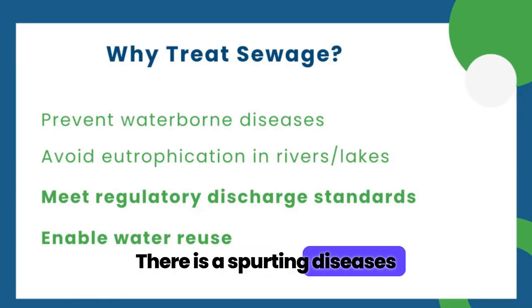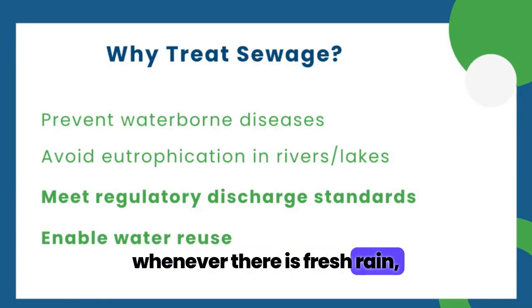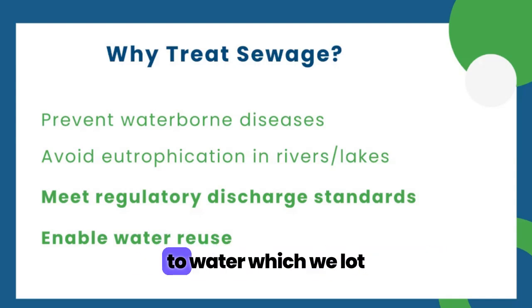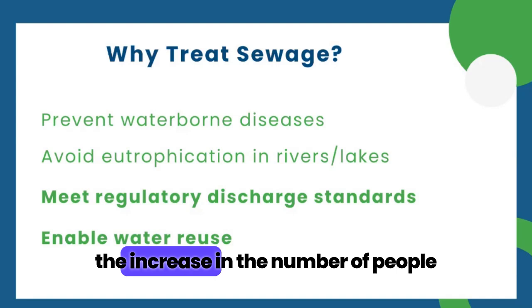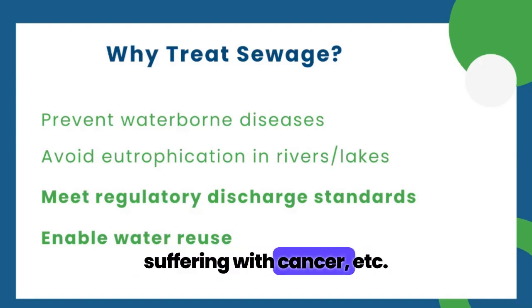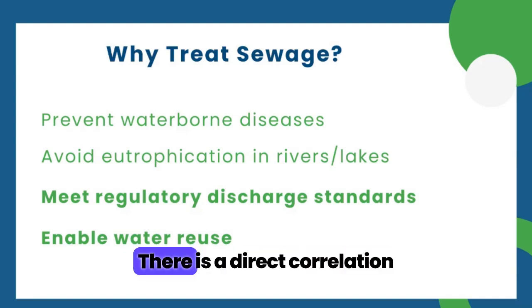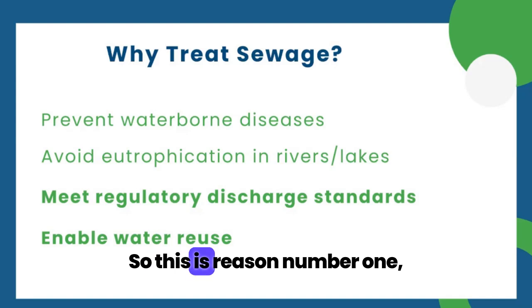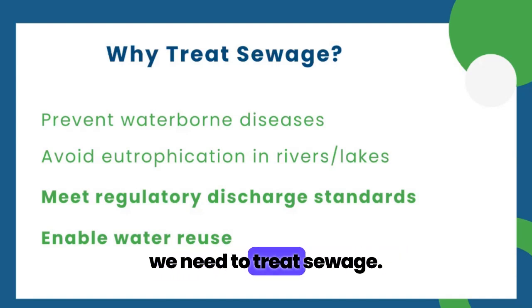There is a spurt in diseases whenever there is fresh rain, which is directly connected to water. And secondly, indirectly connected to water, which a lot of us are not realizing, is the increase in the number of people suffering with cancer, etc. Right? There is a direct correlation of the pollution levels to our well-being. So this is reason number one, we need to treat sewage.